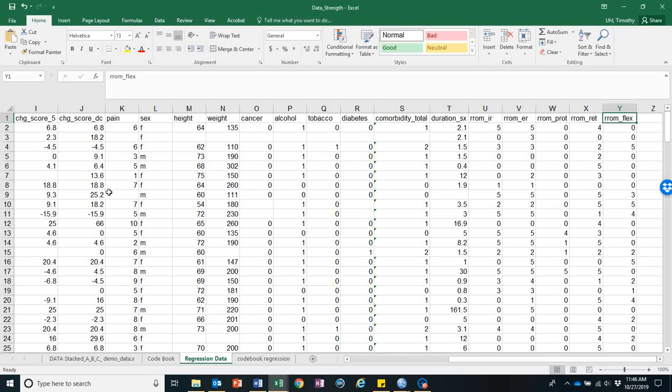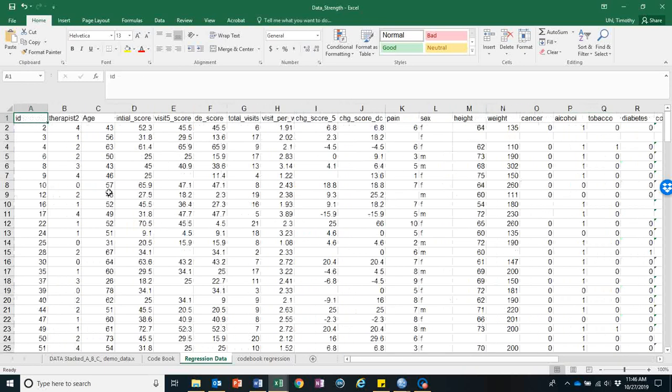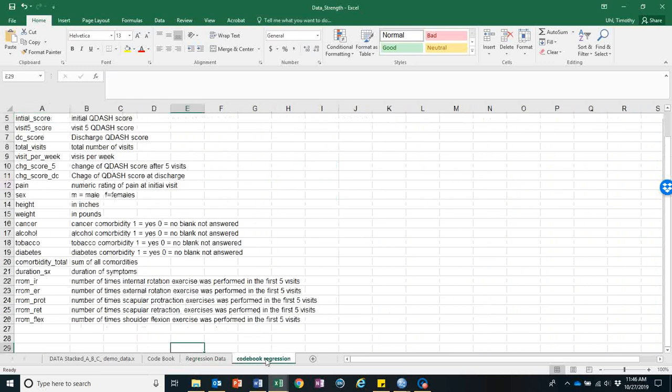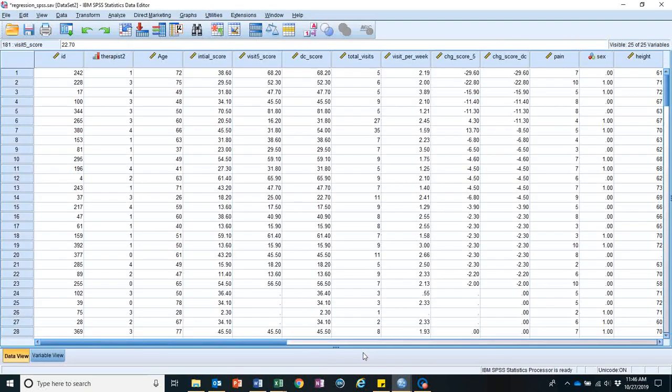I've removed some of the other measures just to make this a little bit more manageable for you guys in class. So you'll have to import this into SPSS and make sure the data is logical and cleaned. You can insert your codebook regression information into the headings, and then you should have something that basically is going to look very similar to this.